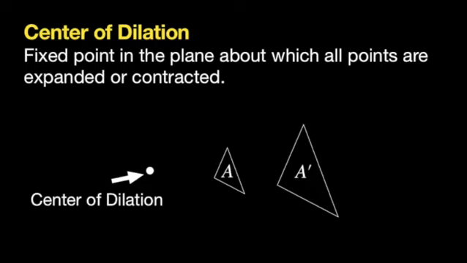So now you're able to see that when you dilate triangle A and you make it larger, the distance between the center of dilation and our image is going to increase as well with our new image. Keep in mind that this is your A, your original, your pre-image, and this is A prime. You will see that relationship between the distance in the next portion.